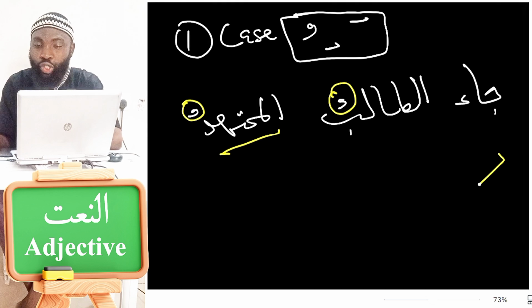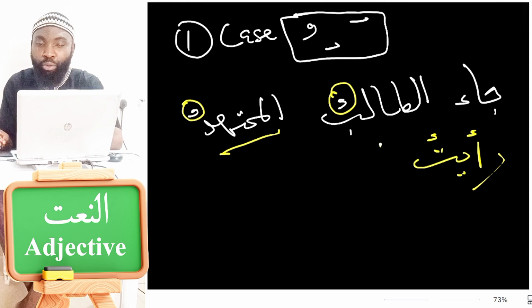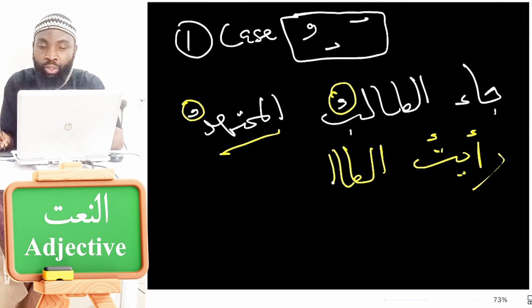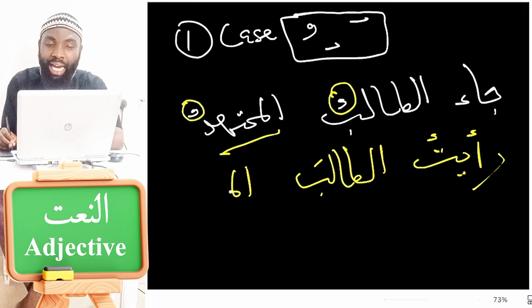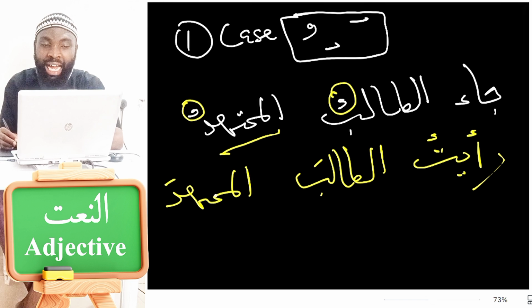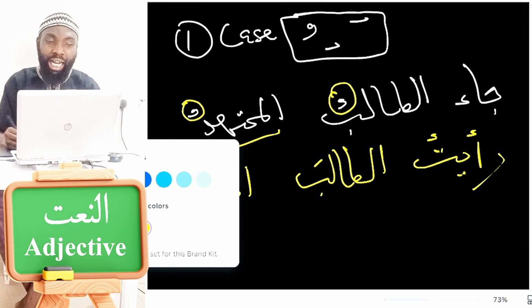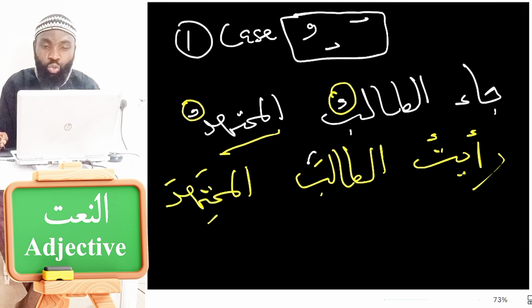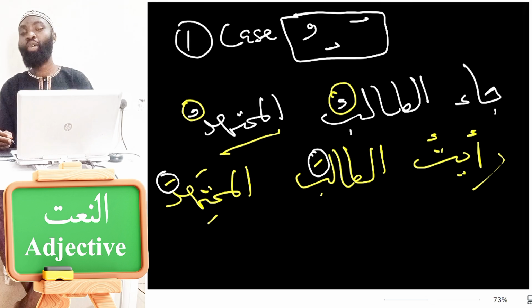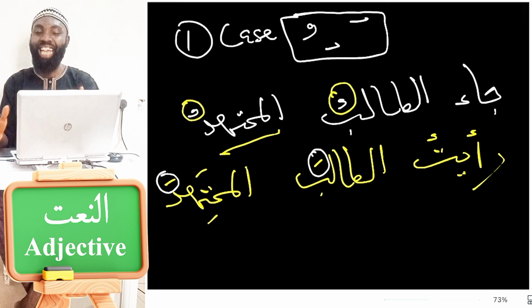If the adjective was to end with fatha, let's assume we had the example ra'aytu taliba al-mujtahida. I saw the hard-working student. Here, the word at-taliba is ending with fatha. Therefore, al-mujtahida, which is describing it, should also end with fatha.